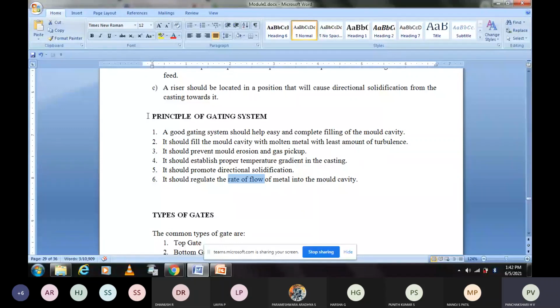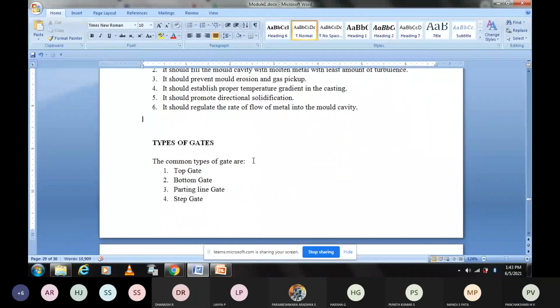These are all the important points to be remembered while designing the gating system. So gating system means what all we consider? We consider the pouring cup, then sprue, runner, gates, riser. All these things are very important and all these are to be properly designed. That is the principle of gating system.